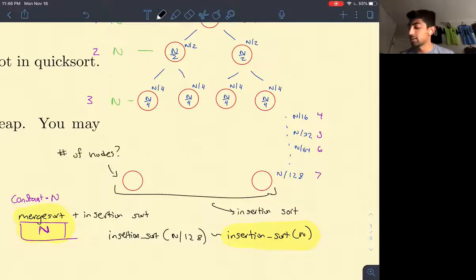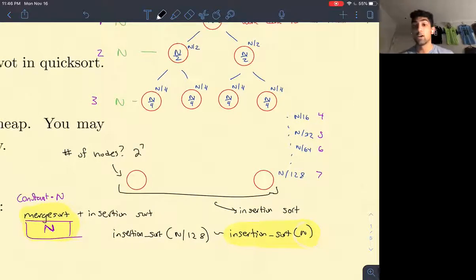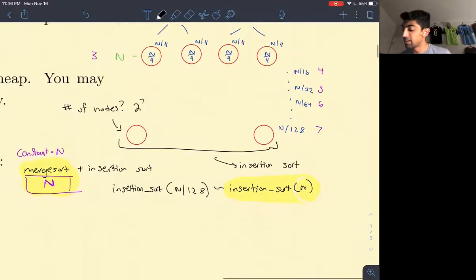If we actually want to calculate, there's probably around 2 to the 7 nodes at this level. But I'm going to argue that the number of nodes on this level doesn't matter so long as it is a constant number of nodes. Each time we call insertion sort on one of these nodes, we are basically calling insertion sort on n.